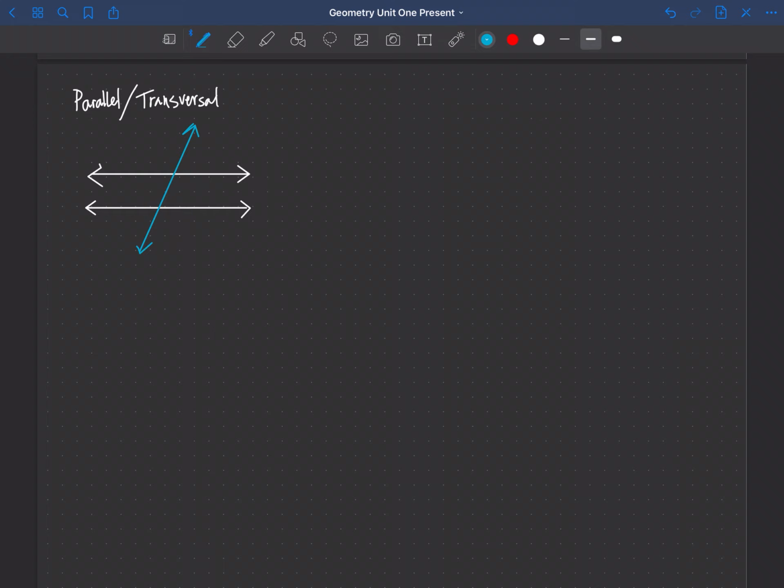So first, transversal. This is our transversal. And the definition, just like we said, is a line intersecting two other lines.